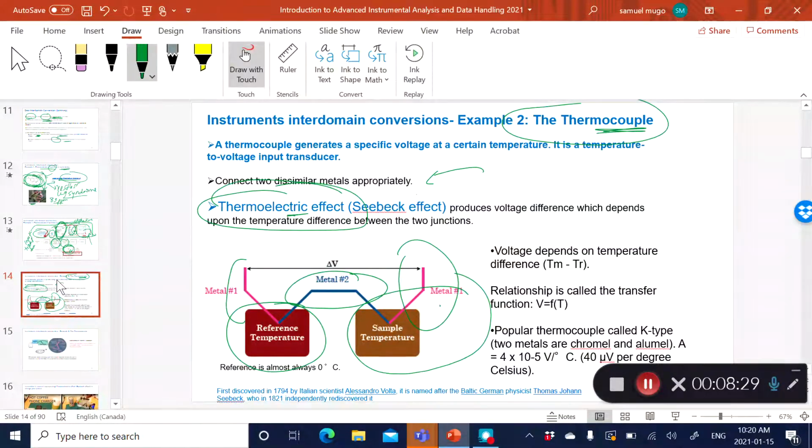And sometimes people call it the Seebeck effect, which is based on the person who discovered it around the 19th century. So it's a very, very old premise. And as you can see, the temperature gets converted into voltage because of the thermoelectric effect.